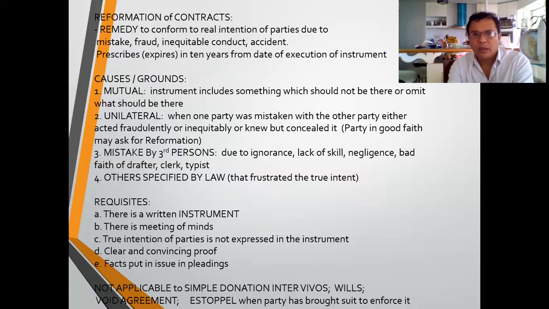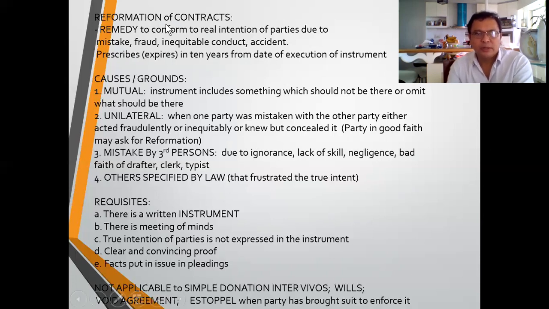Then number 3, there is mistake by third persons due to ignorance, lack of skill, negligence, or bad faith of the drafter, or the one who made the instrument or document, the clerk or the typist. So there was error on the part of the typist, and others specified by law.